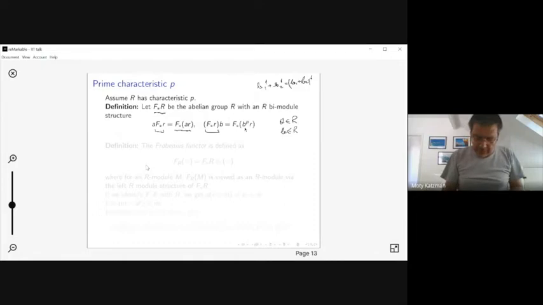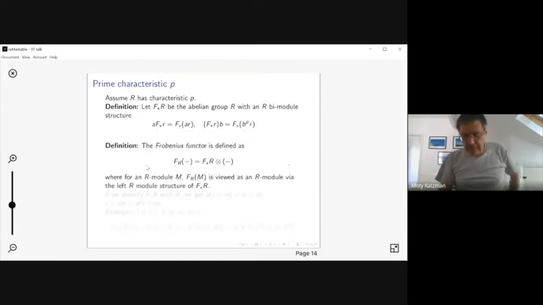So now that we have this double behavior of F lower star R, we can define a functor. And what is that functor going to be? It's going to be taking something and tensoring it with F lower star R on the left. When you write this, the production of this tensor product uses the right module structure.